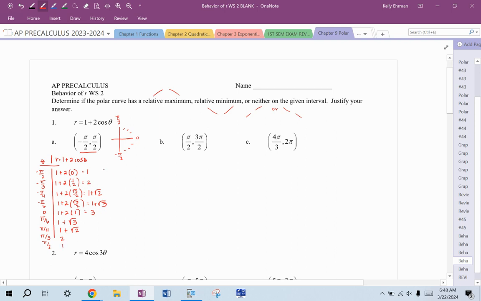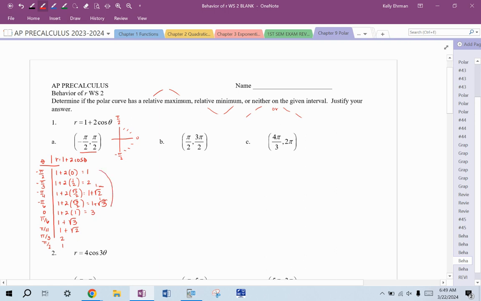So let's take a look at these values. We go 1, 2. Radical 2 is 1 point something, so this is like 2 point something, so we're still increasing. Radical 3 is 1 point something a little bit higher, so 2 point something a little bit higher. And then 3. And then we start decreasing again.